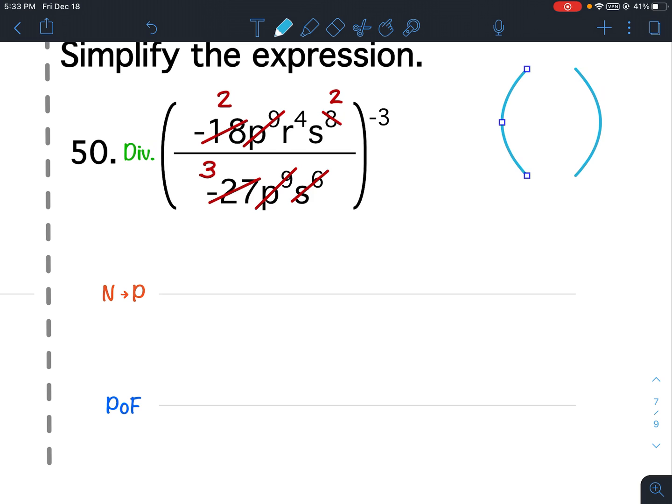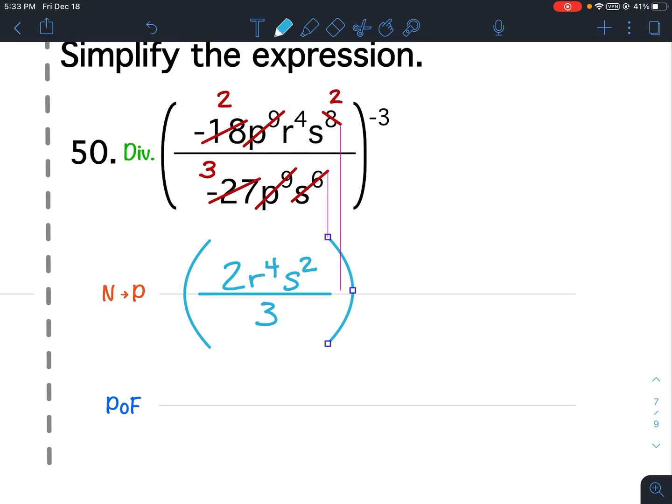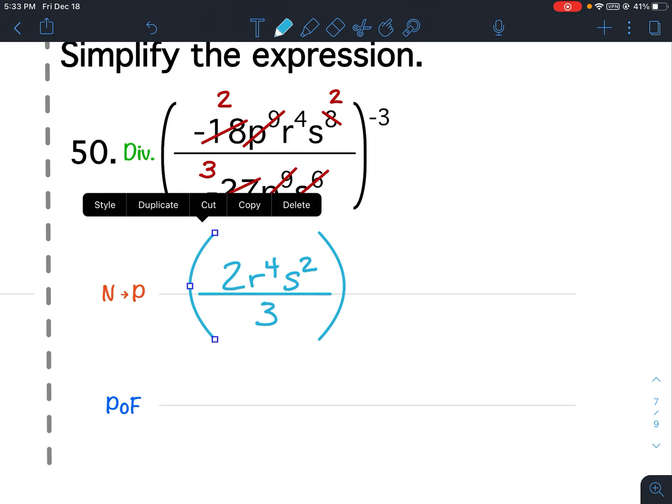So I have on top in the numerator 2 r to the 4th s squared, and the bottom, the only thing left is a 3. And the outside exponent is a negative 3.